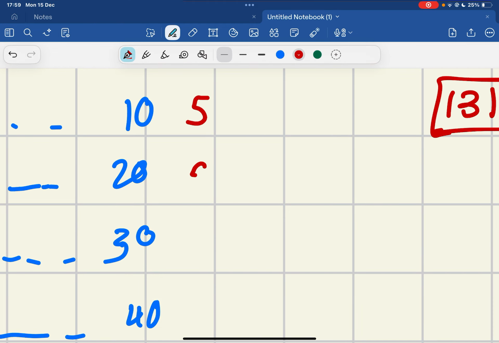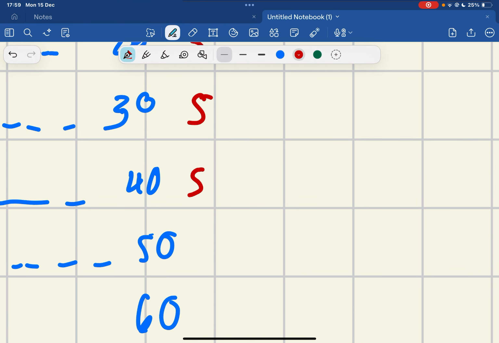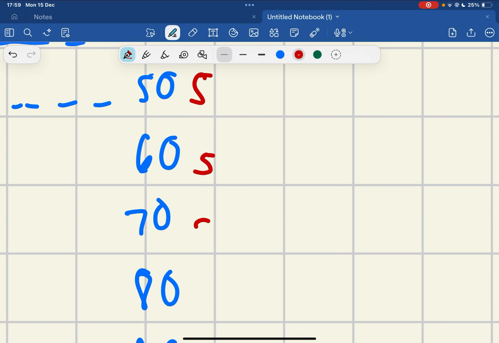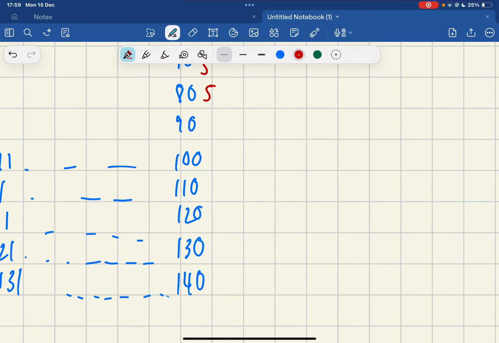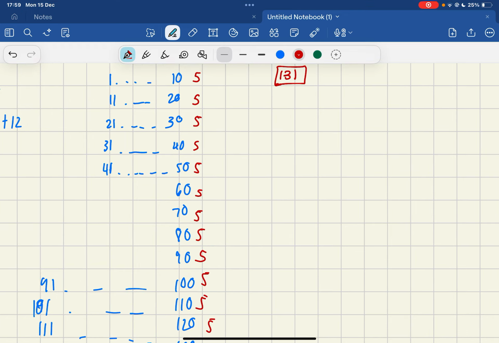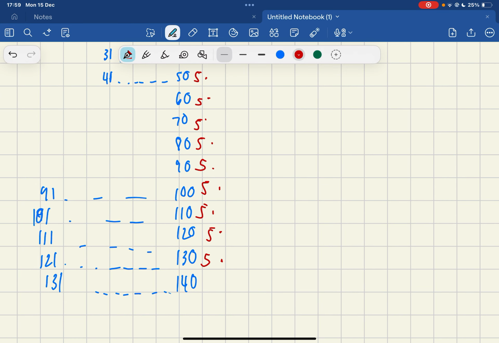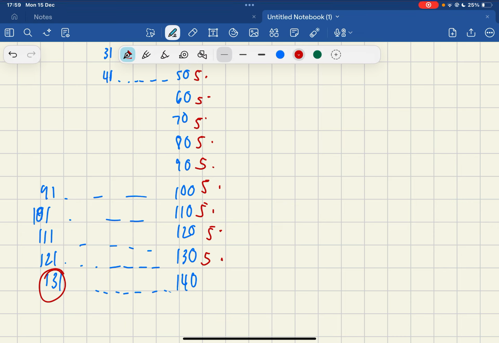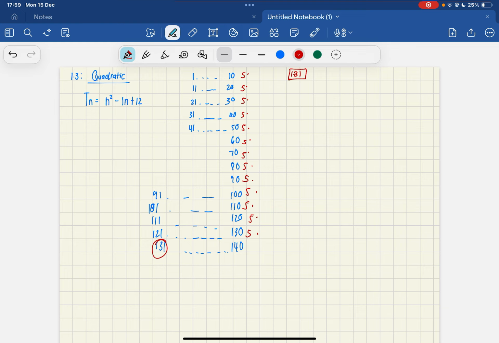So we would have 5 here, 5 here, 5 here, and so forth, all the way up to 130, because they wanted 131, okay? So we'd have 5, 10, 15, 20, 25, 30, 35, 40, 45, 50, 55, 60, 65, plus 1, because they said 131, and we know that the first term is quadratic.